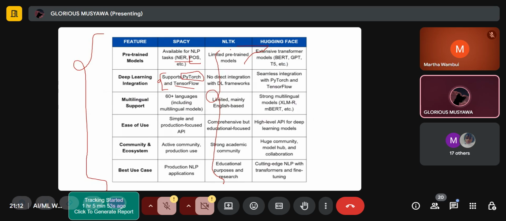It has a huge community, model hub, collaboration, and it incorporates new technologies for NLP, such as transformers. And if you want to fine tune, I talked about fine tuning. Fine tuning is where you already have a model that is pre-trained, so you're not starting from scratch. You're putting the last layer using your own data.